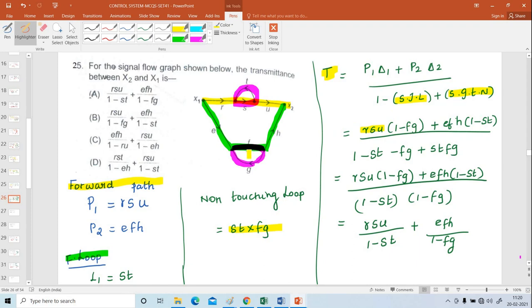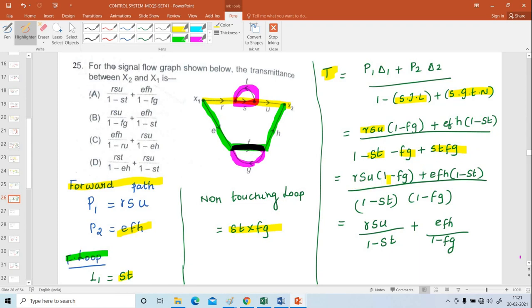So 1 minus FG, plus the second forward path EFH into 1 minus ST. That is also correct. Divided by 1 minus sum of individual loops, one is ST and another one is FG, 1 minus ST minus FG plus the gain product of non-touching loops ST FG.